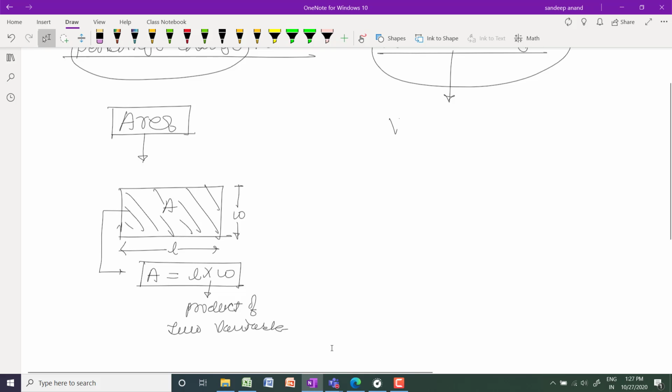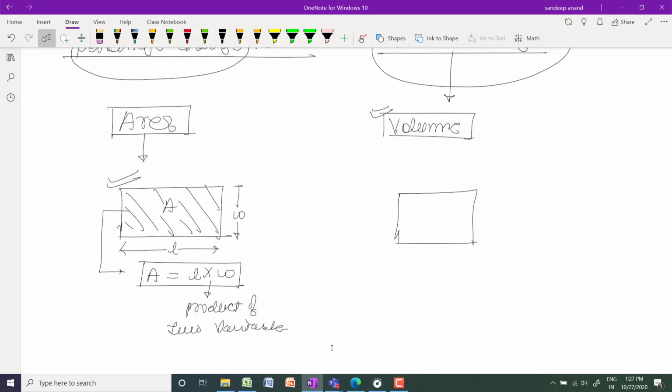Now in the same way, if you take the concept of volume, as you all know, area is a two-dimensional figure, whereas volume is a three-dimensional figure. In a three-dimensional figure you have length, width and height, or you can say thickness as well. So here I am making one cuboid. This cuboid has length, this one is width, and this one is height.